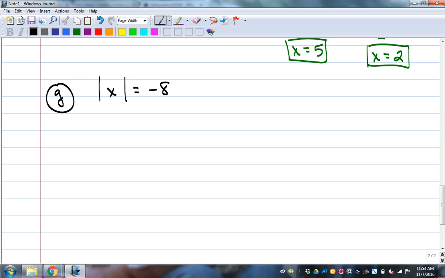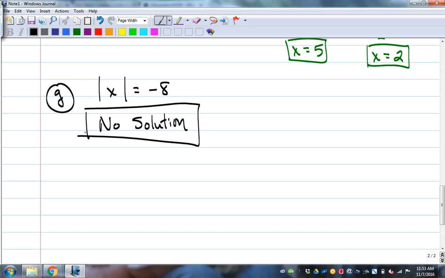You ever found one that had negative numbers on it? No. Distance is never negative. You can't go in a negative distance. You go in a negative direction, but not distance. So, can an absolute value ever be equal to a negative number? No, because distance is always positive. So this would be no solution, because absolute value cannot be equal to a negative number.